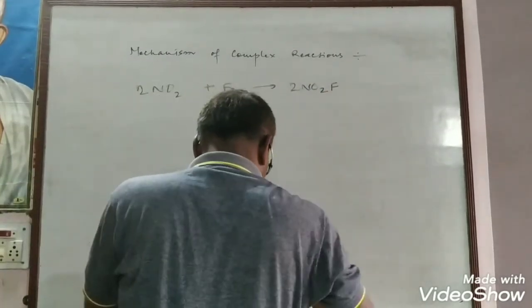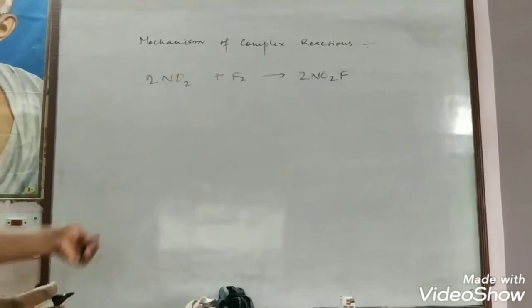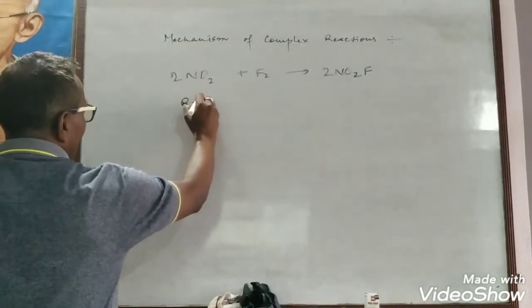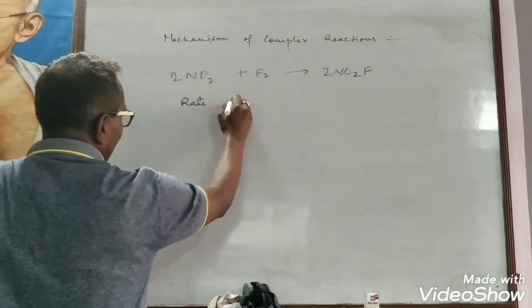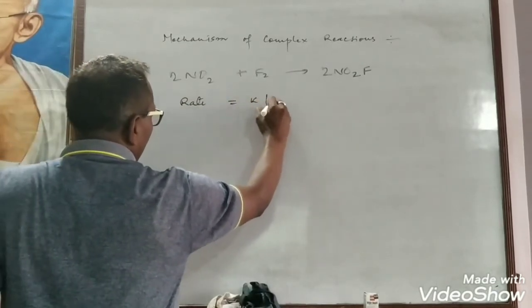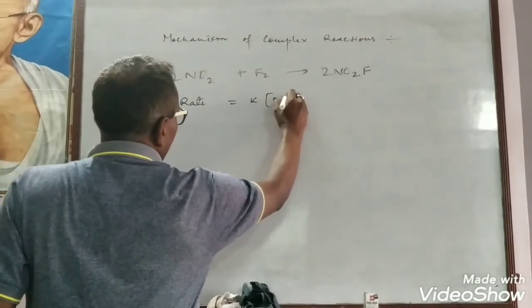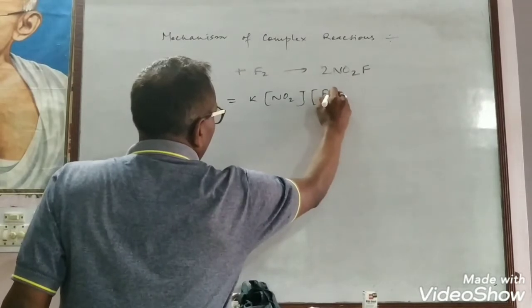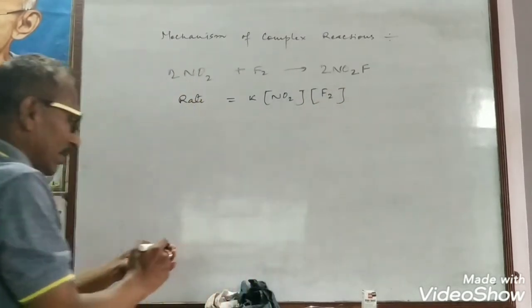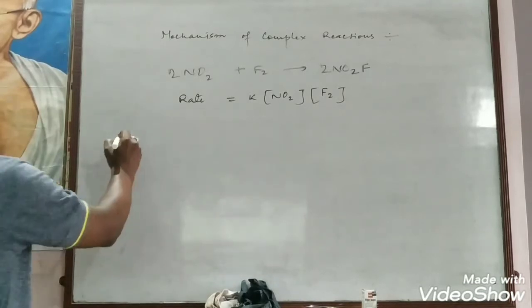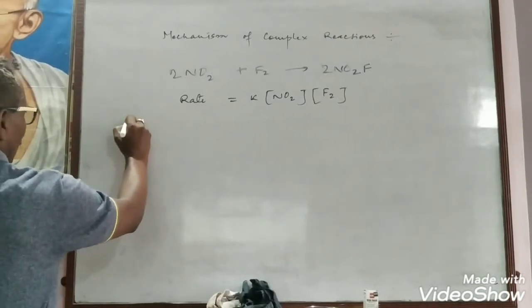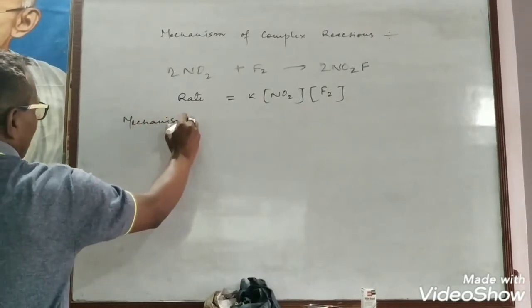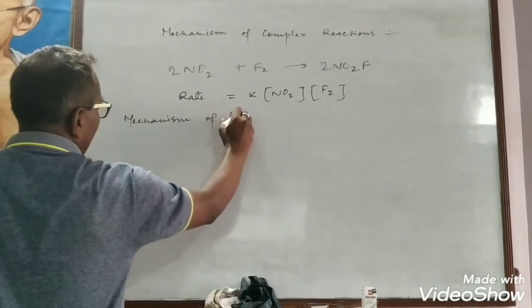Now, for this reaction, rate law is given as rate equal to K into concentration NO2 into concentration F2. Now we have to write the mechanism of this reaction.